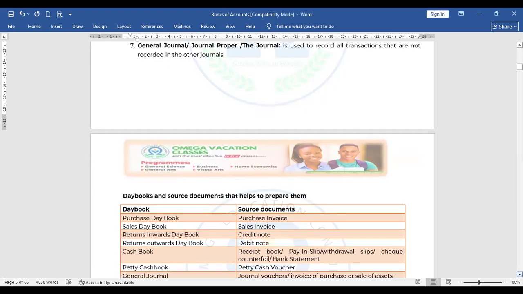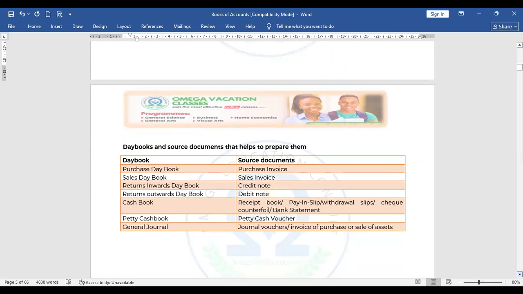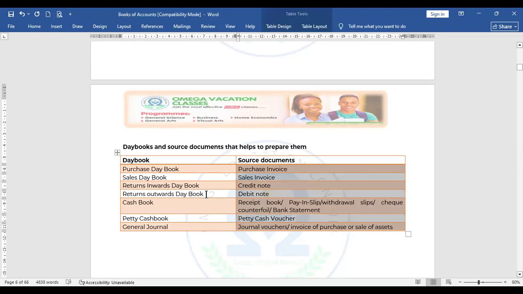So for every transaction, there should be a source document giving proof of the occurrence of the transaction. Now, it is these documents we use in preparing these day books or journals. So professors, we need to appreciate the documents that are used in identifying the transactions to subsequently prepare the day books. And I think we'll do that in our second session.